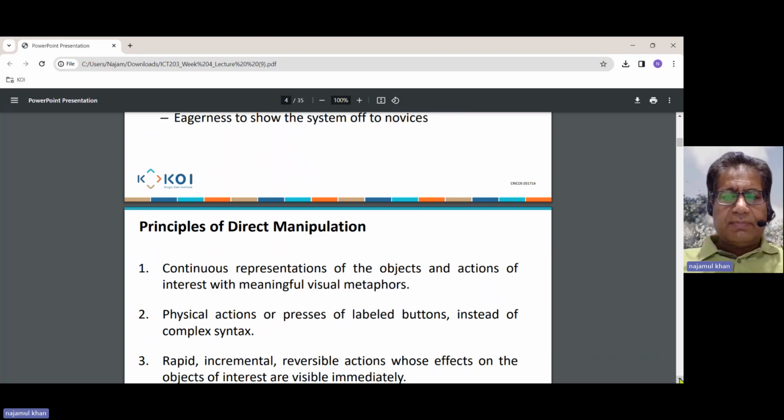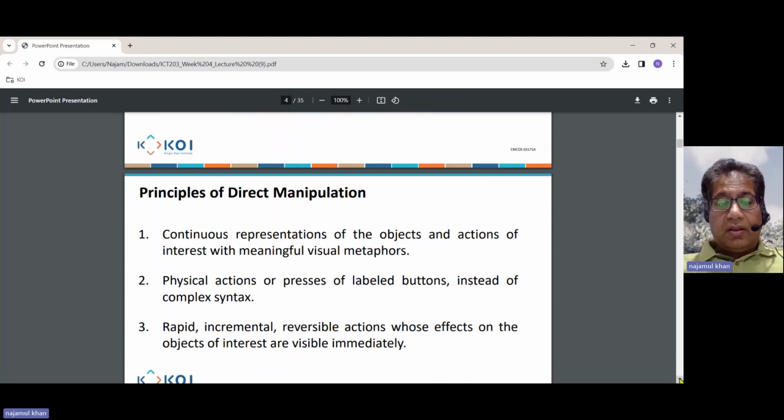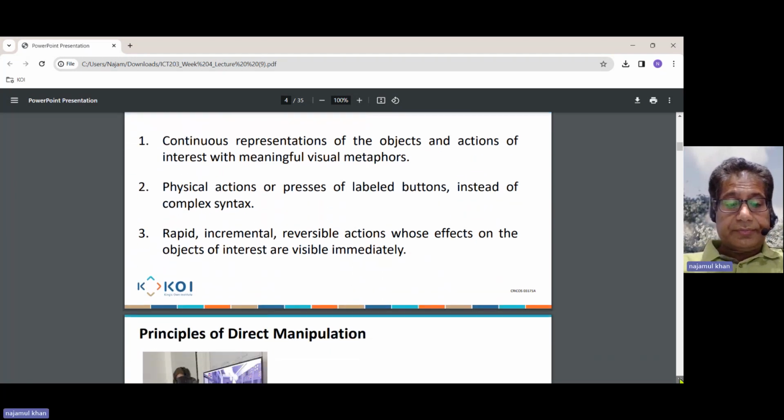This is what we like. Simplicity is one of the key requirements of any design. People don't want to get involved in something complex. So, rapid, incremental, reversible actions whose effects on the objects of interest are visible immediately. These are very important things. It's all happening immediately, and it is all visible clearly.